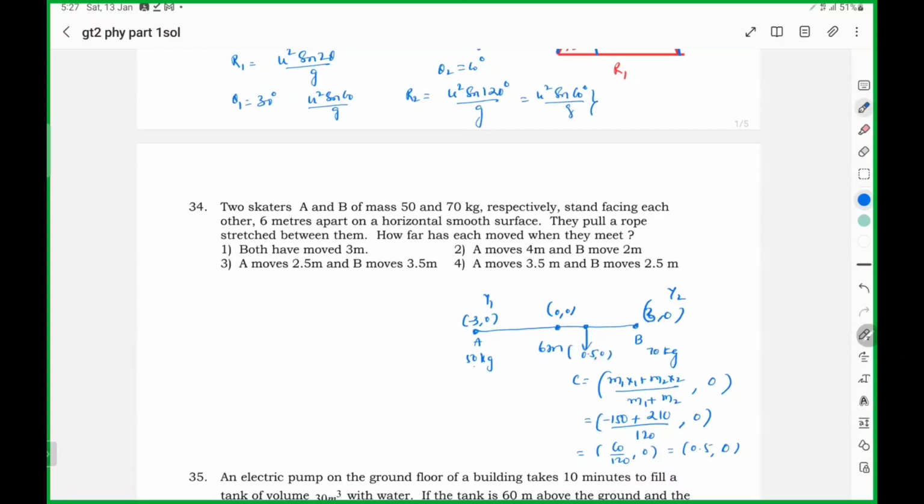So here, when persons A and B move towards each other, they are part of the system. There is no external force, so the center of mass remains at the same position.